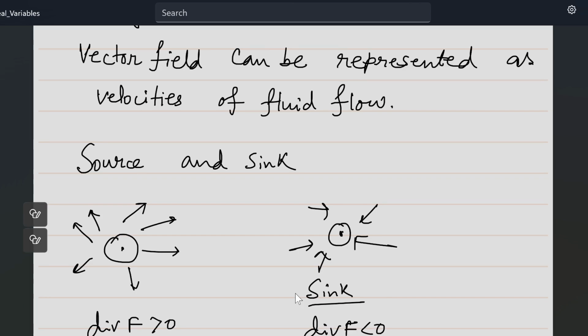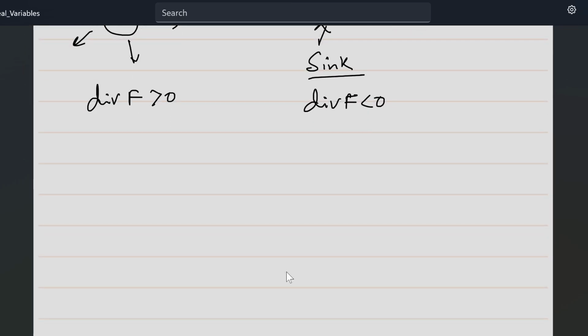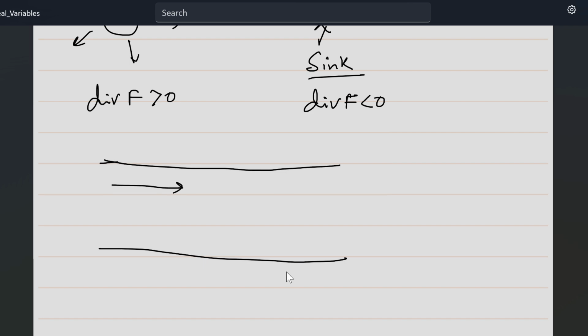Or in other words, suppose another example I will give you. Suppose there is a streamline flow. That means fluid is going through this channel. What do you mean by source and sink?